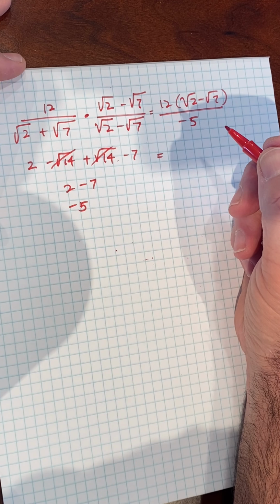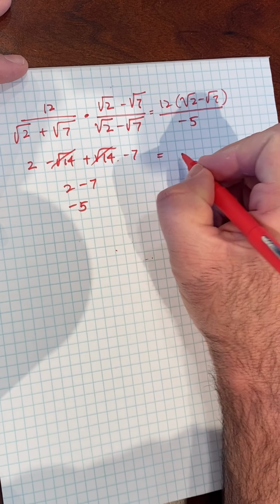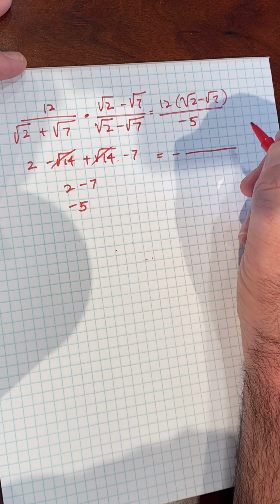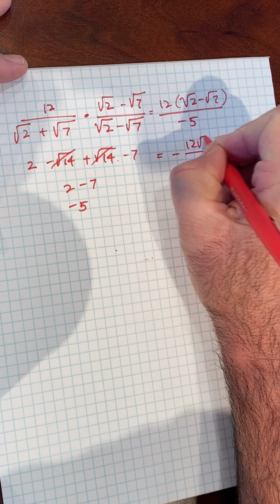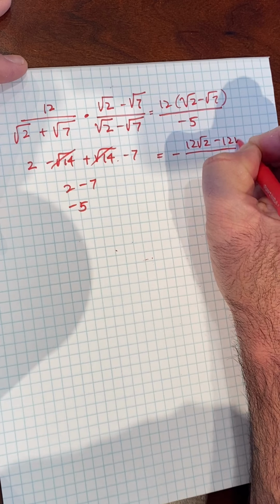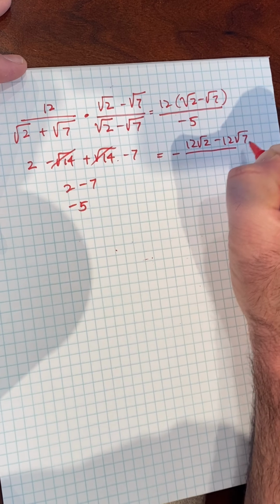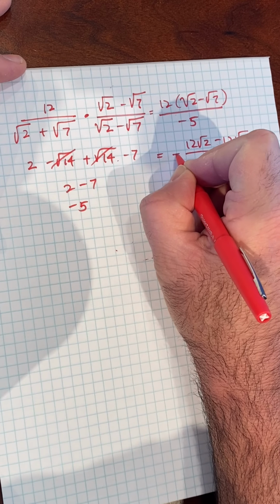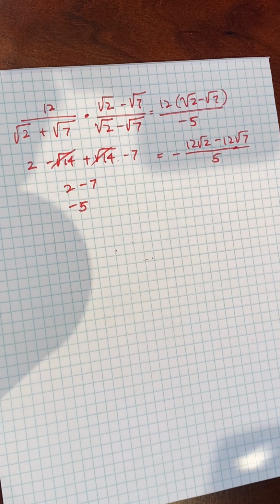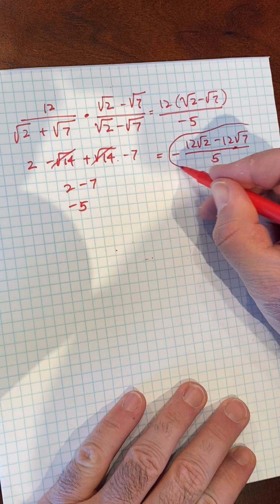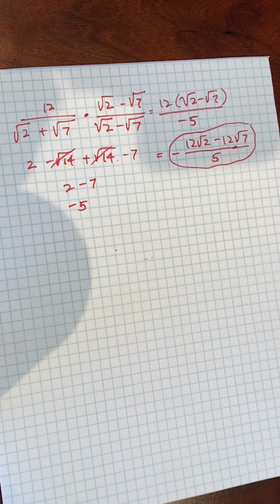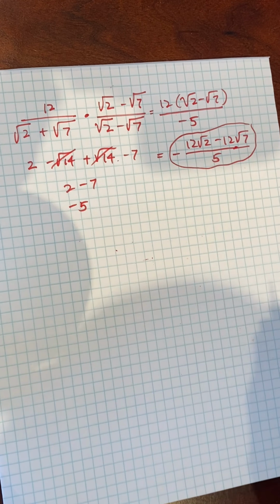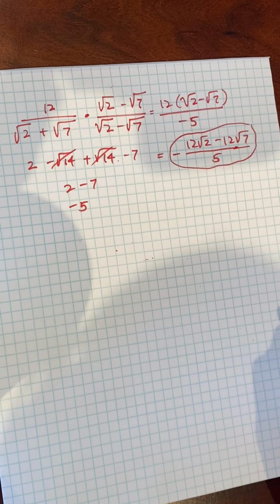So what I'm going to do in this one is put the negative sign in front, like we always do, and distribute. 12 root 2 minus 12 root 7 over 5. Instead of negative 5, I just put the negative sign there. Okay, so that is how you rationalize the denominator using conjugates.